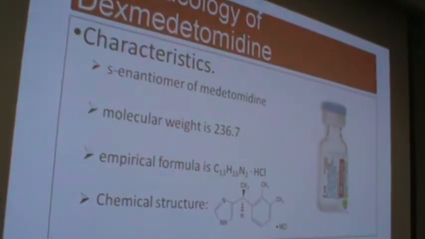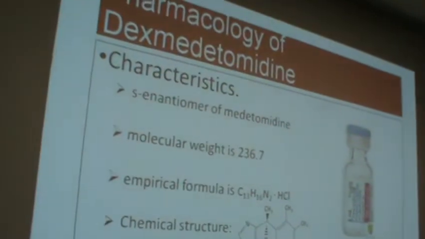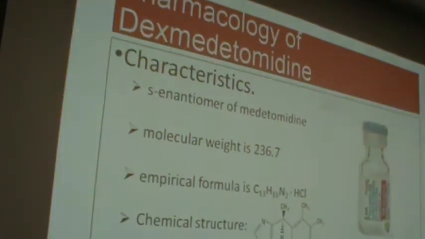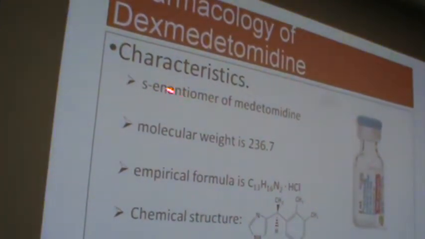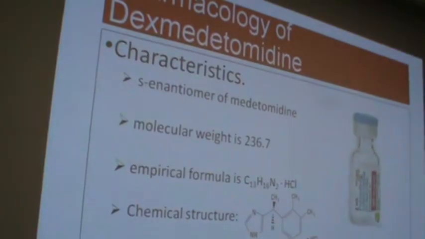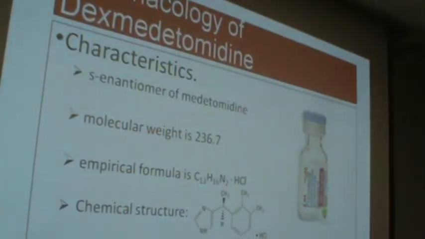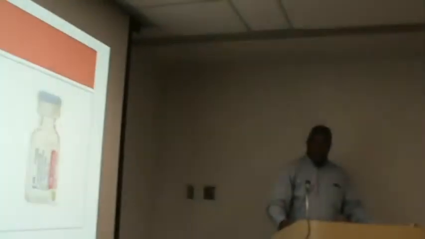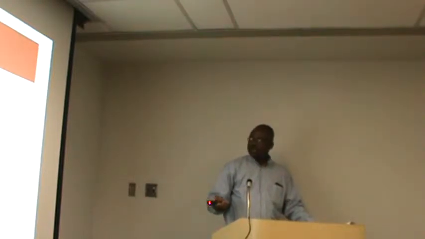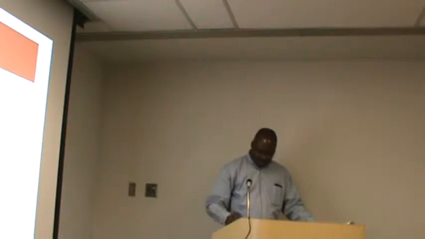The characteristic that I started with is that dexmedetomidine is the S enantiomer of medetomidine itself. Its molecular weight is 236.7, and the empirical formula is C13H16N2 hydrochloride. I just brought it in there to give you a gist of what the chemical structure looks like. And I'll go on to the next slide.